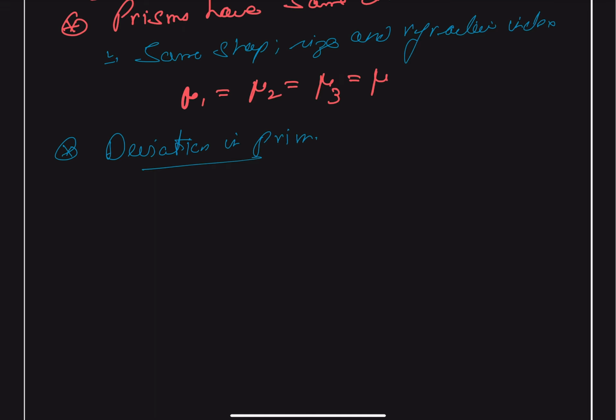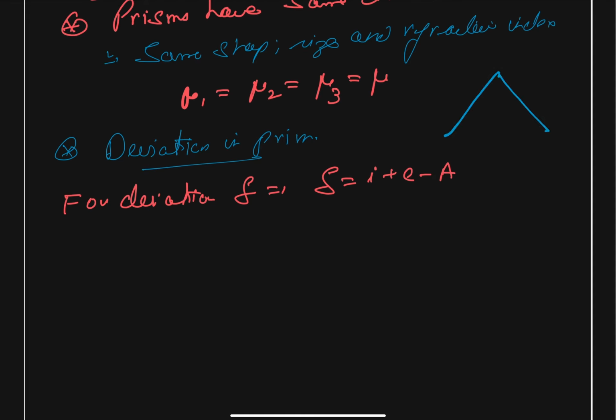We also know that for deviation delta, we can write delta is equal to I plus E minus A. This formula is drawn with respect to a single prism, but is applicable to the combination also.